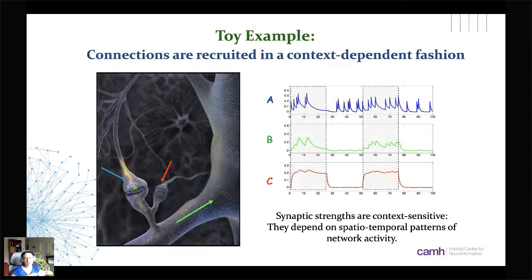And this very basic schematic is meant to show that DCM assumes that synaptic strengths are context sensitive, and they depend on spatiotemporal patterns of network activity.